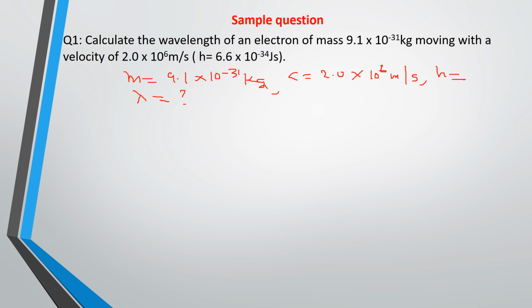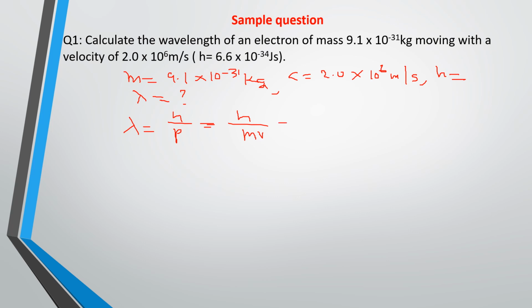Remember from the first equation that we derived, from the de Broglie equation, we had that lambda is equal to h all over p, and this is equal to h all over mv.